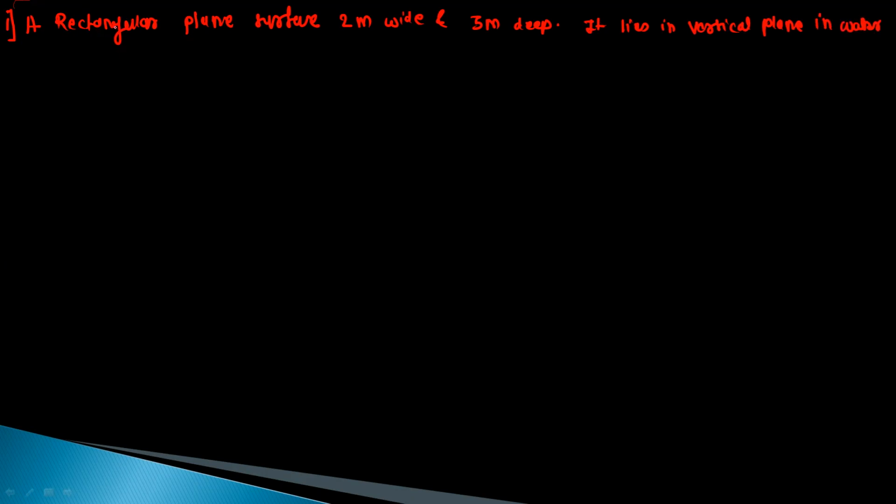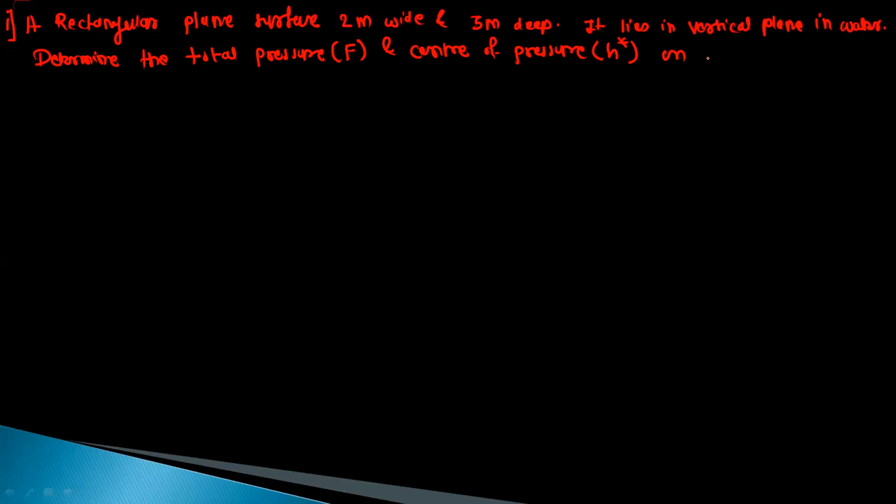That means the rectangular plane surface is exactly vertical in the water. Determine the total pressure and the position of center of pressure on the plane. So total pressure means F value and the center of pressure means H star value. Okay. On the plane surface.